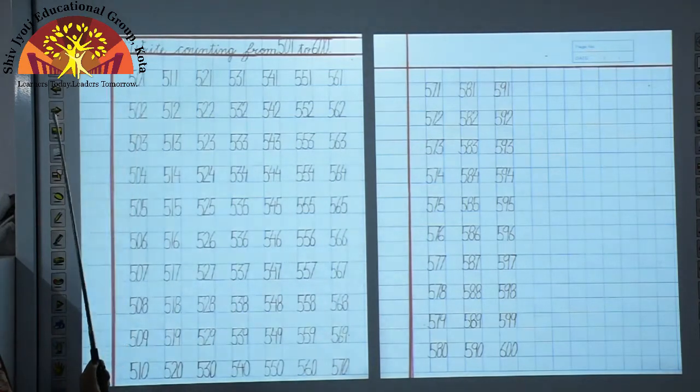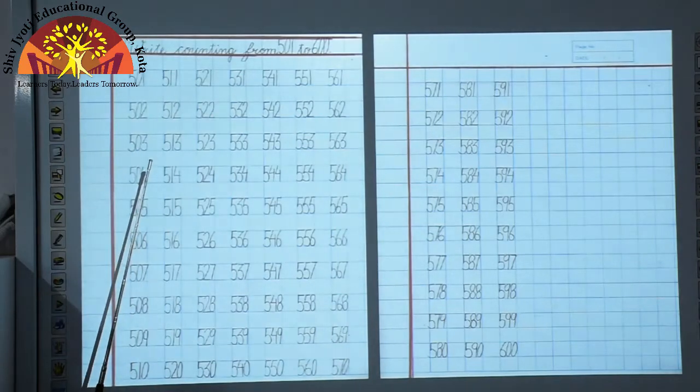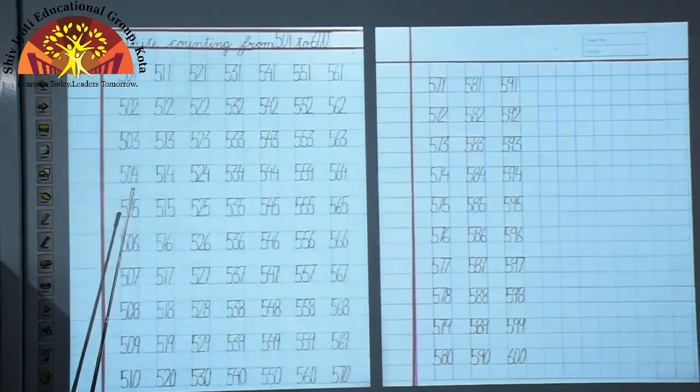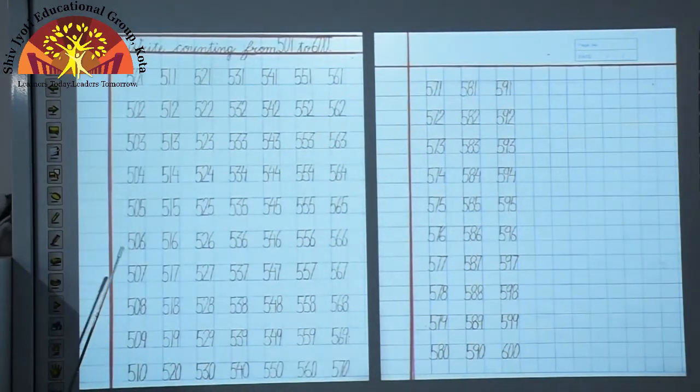501, 502, 503, 504, 505, 506, 507, 508, 509 and then 510.